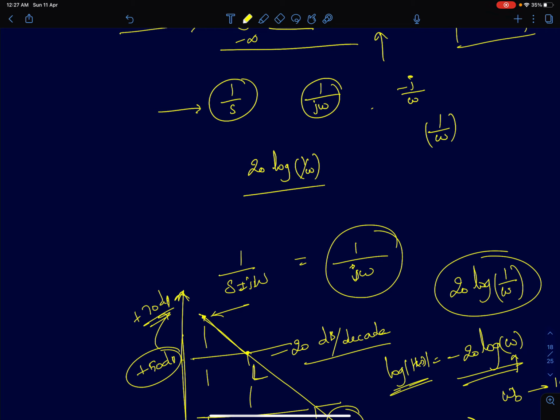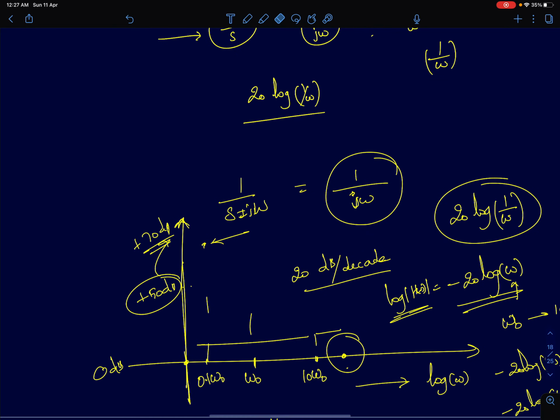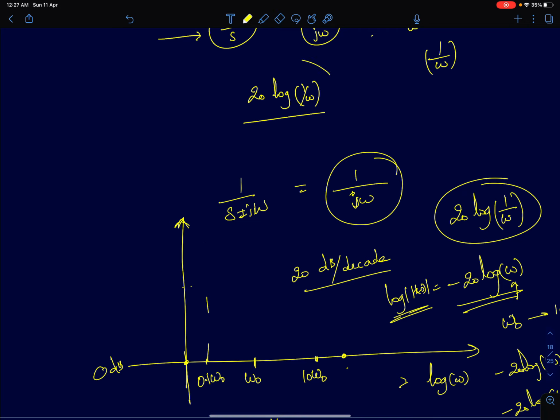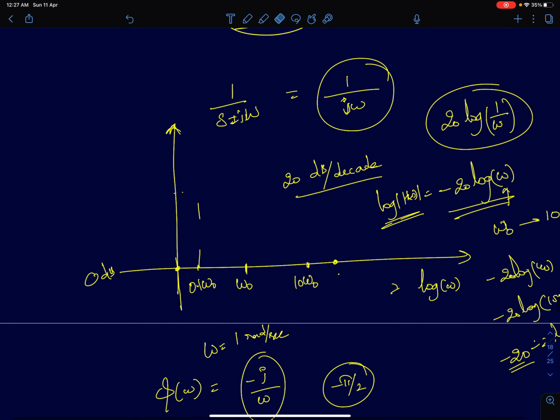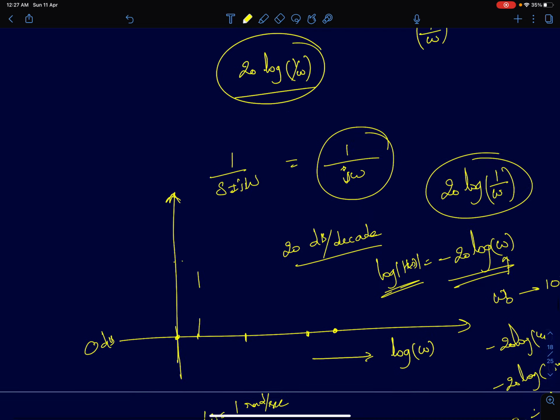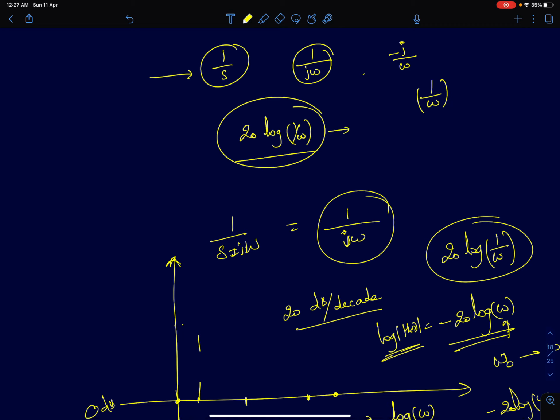Now on a logarithmic scale, what we are going to do is plot this function as a function of frequency omega. You have to keep in mind, it's a log-log graph. Frequency is also on a logarithmic axis. So what I'm plotting here is log of omega. And this function, 20 log of 1 by omega, can also be written as minus 20 log of omega.